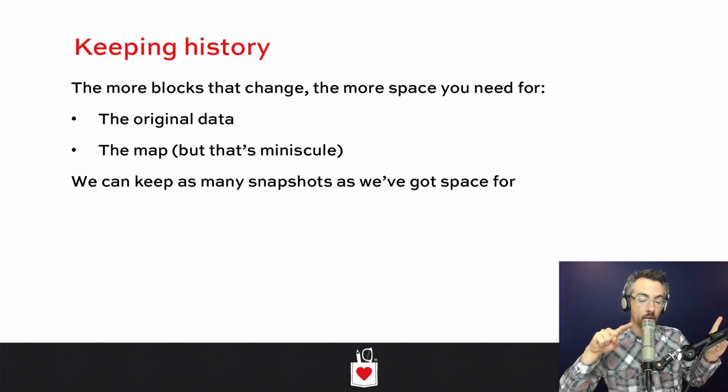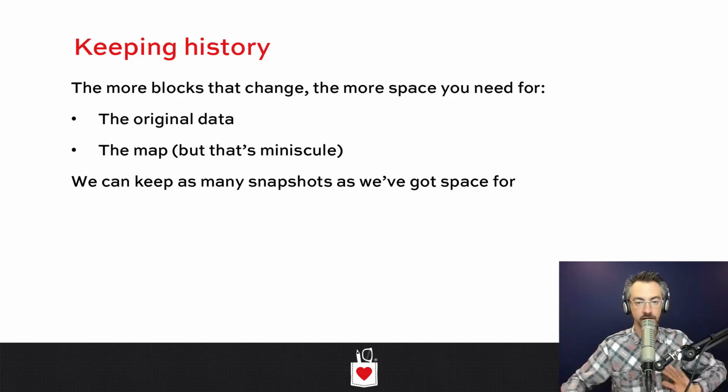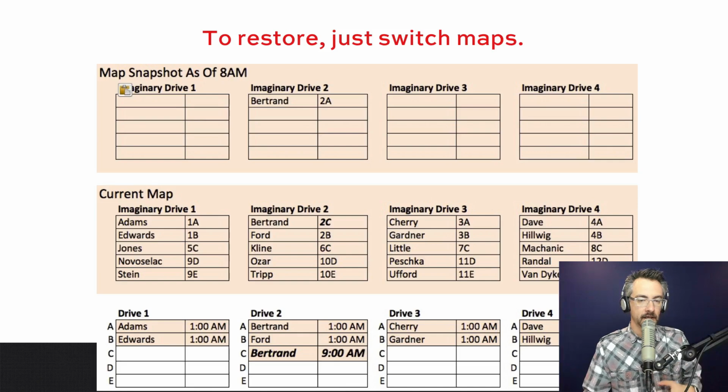This is again why, if you choose to use this feature, you ease up on the index rebuilds. Index rebuilds are essentially shuffling your data around, producing change rates. And now I'm not just worried about my transaction log volume, I'm also worried about my data volume size. To do a restore, all I have to do is switch maps.